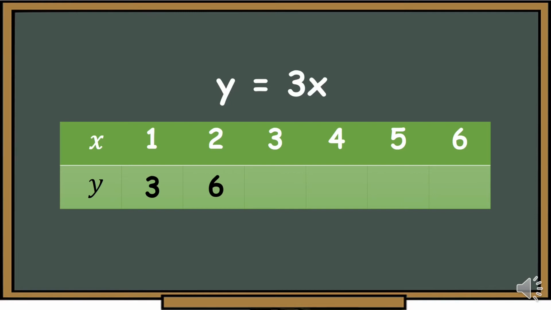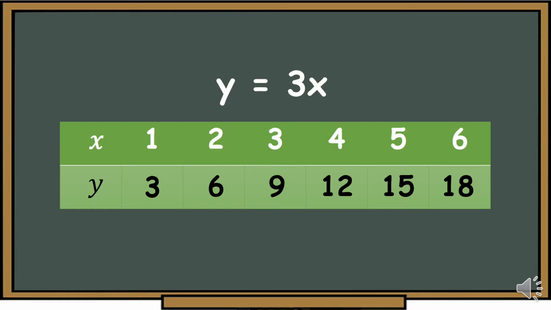If x is 3, 3 times 3, we have 9 as the value of y. If x is 4, 3 times 4, y is 12. If x is 5, 3 times 5, y is 15. And if x is 6, y is 18.